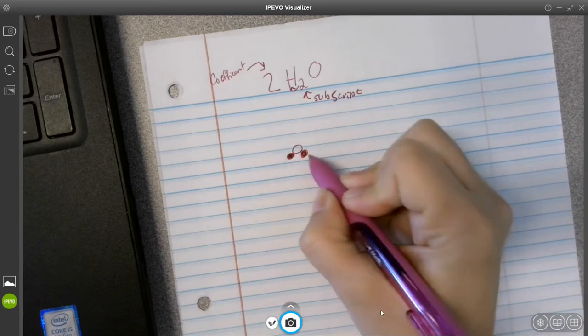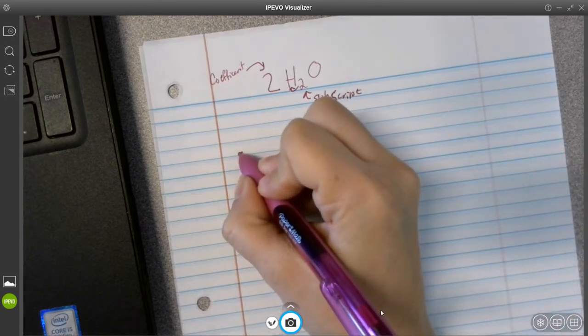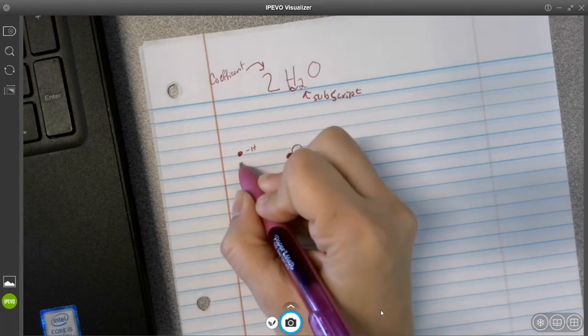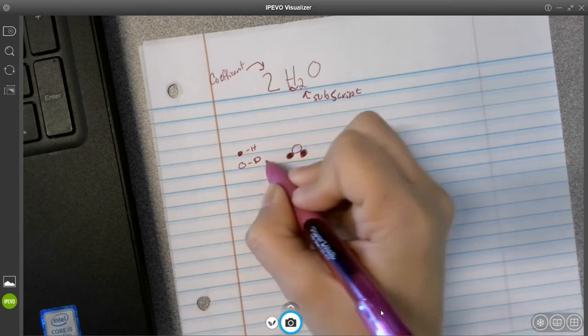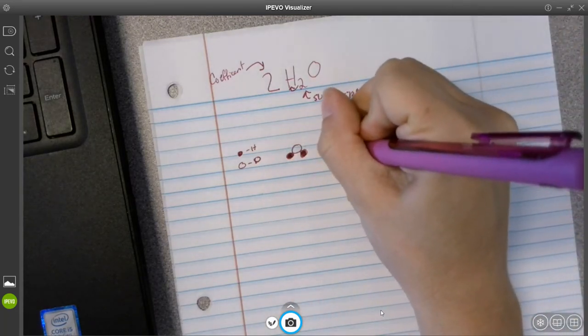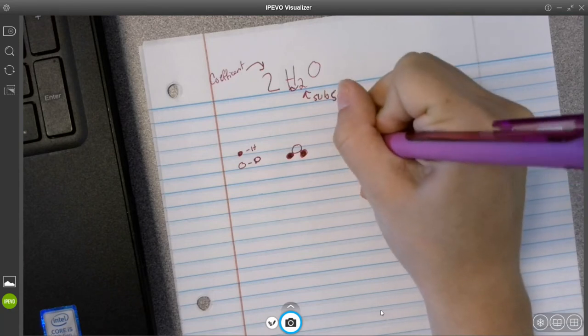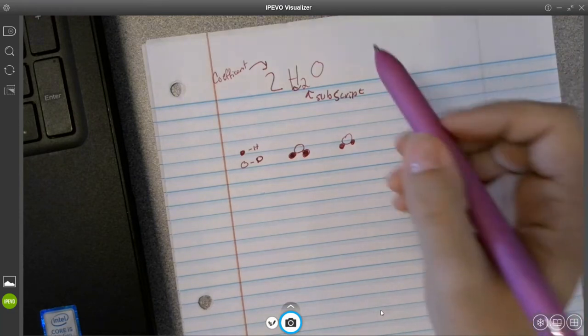So your colored circles are your hydrogens. Your non-colored circles are your oxygens. And so here I have 2 water molecules.